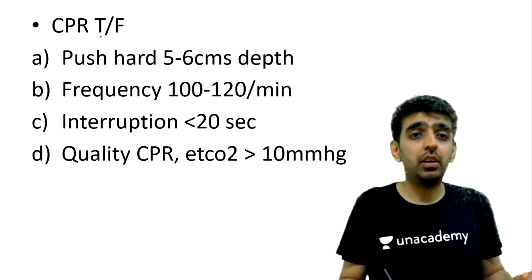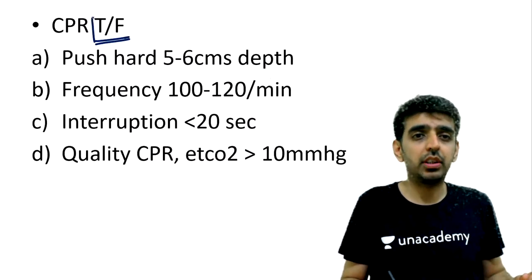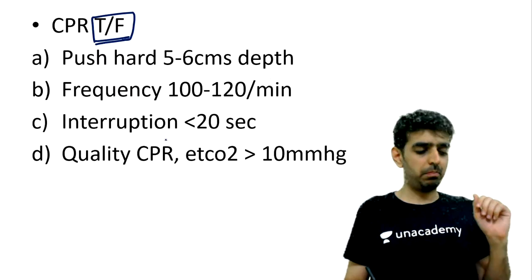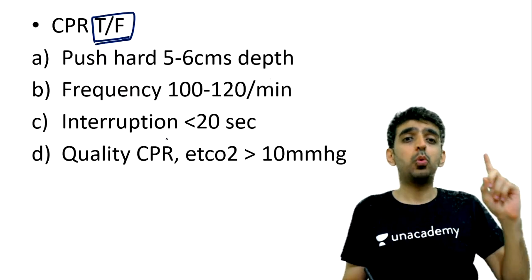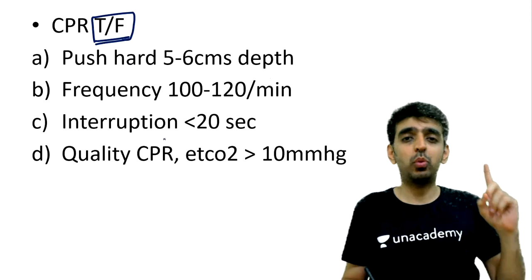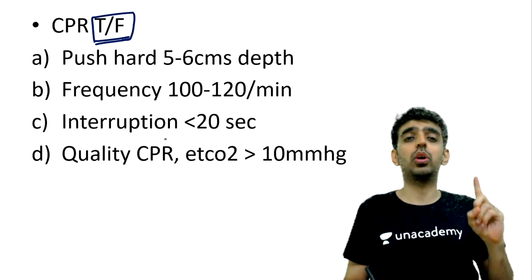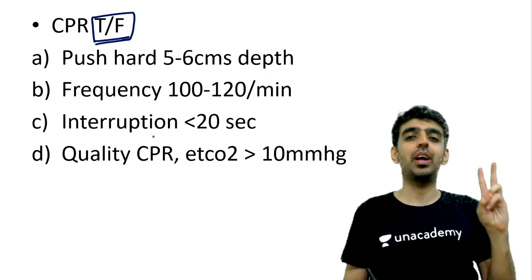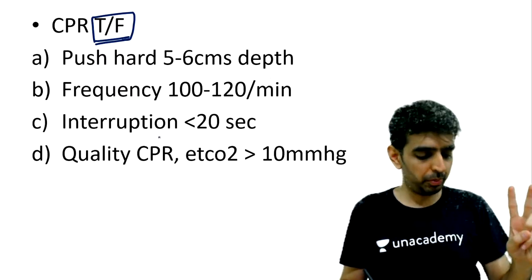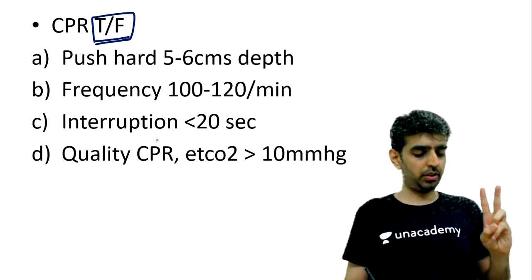This is a multiple true and false type of question regarding CPR. Option A, push hard at the depth of 5 to 6 centimeters. Whether this is true or false. Option B, the frequency while giving CPR should be around 100 to 120 per minute. Whether this is true or false.